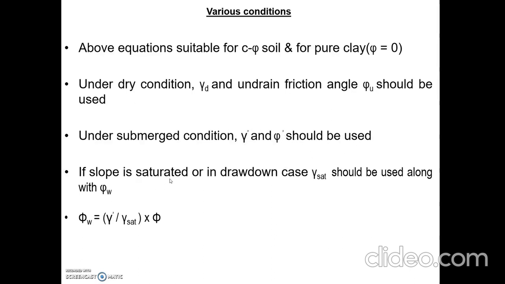And if the slope is saturated or in drawdown case, that means if the water level suddenly reduces, then we will have to use gamma saturated along with phi w. And this phi w can be calculated by using the equation gamma dash divided by gamma saturated into phi, where gamma dash is submerged unit weight and gamma saturated is the saturated unit weight of the soil, and phi is the angle of internal friction.